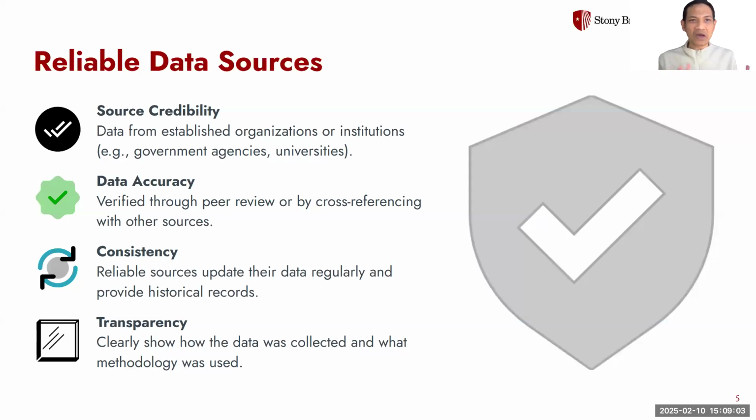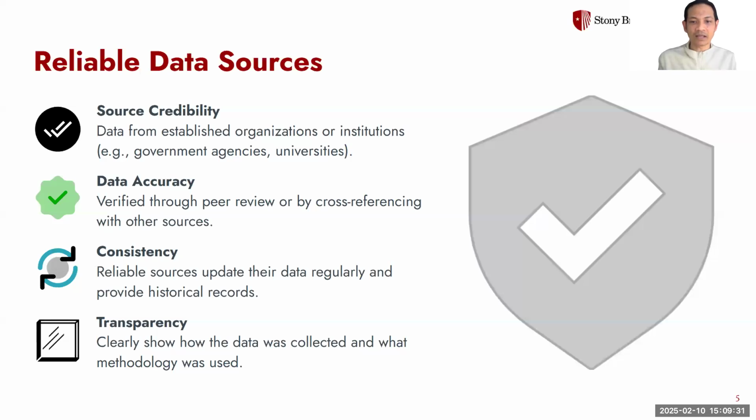So by understanding this, we know what kind of analysis and what kind of insight we can get from the data, and what kind of questions we cannot answer based on the existing data, or what kind of further data we need to collect because of the limitations of the existing data.